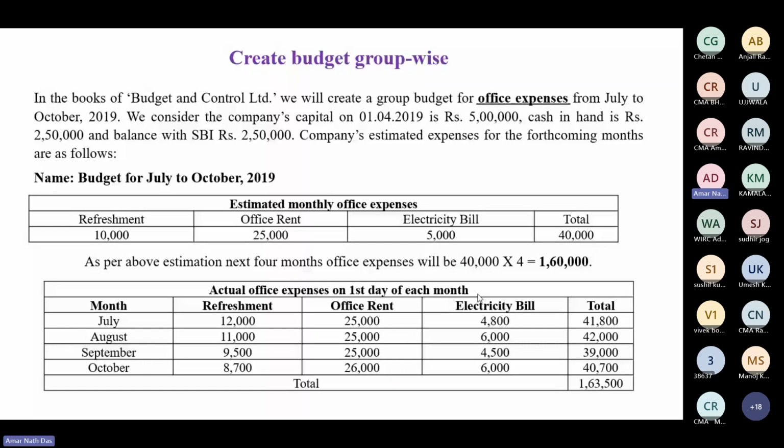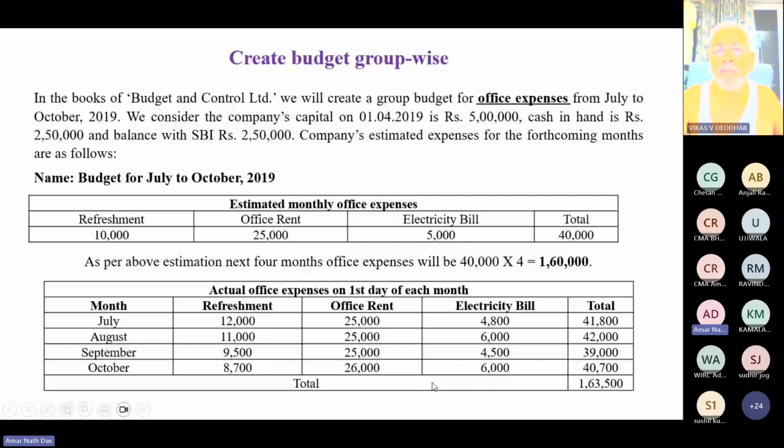It is for the monthly case. So 40,000 for 4 months, that means July, August, September, October, 4 months. 1,60,000 is the budgeted office expenses. Below these, you will find actual office expenses for these 4 months. The actual expenses exceed budgeted expenses by 3,500.